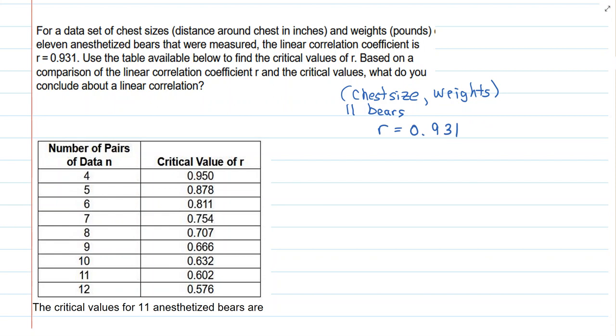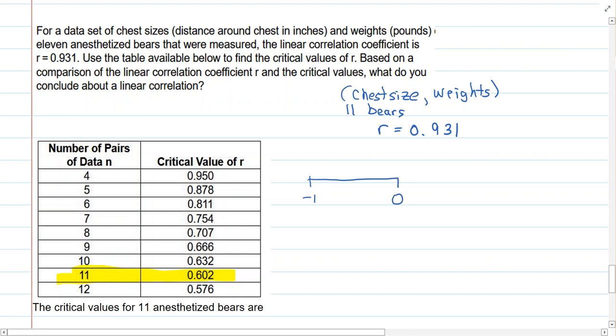All right, so we're talking 11 bears. So we know that in our number line, we have a plus or minus decimal 602 as the critical values of R. So negative decimal 602 and positive decimal 602.